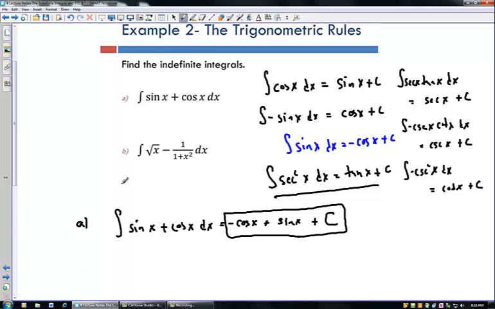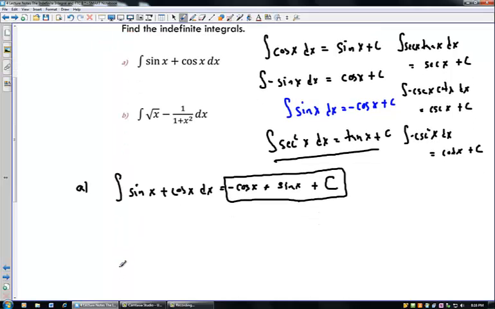Now part B is going to use inverse trigonometric functions. So let's talk about these. So if you look on your sheet, it tells you that if you have the integral of 1 divided by the square root of 1 minus x squared dx, that's equal to sine inverse of x plus c.